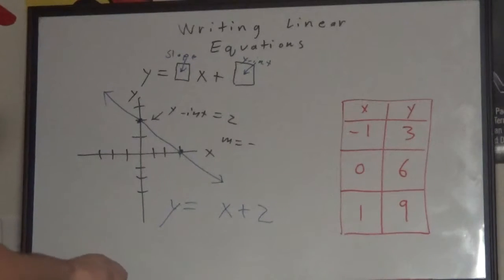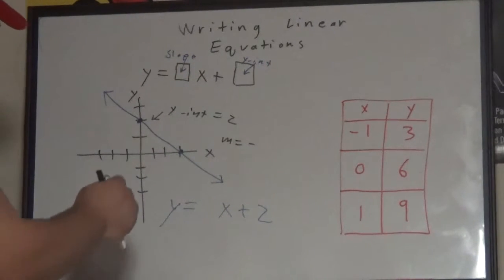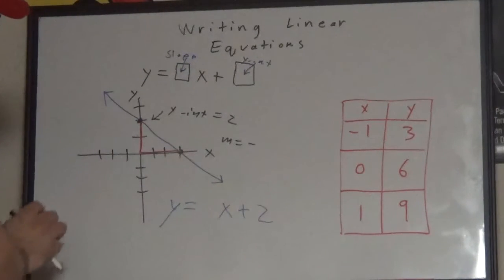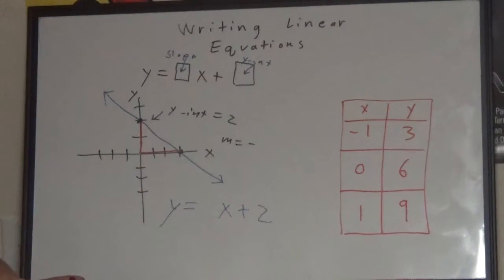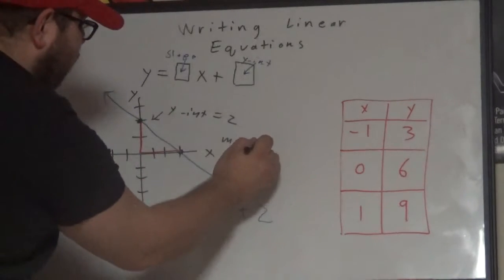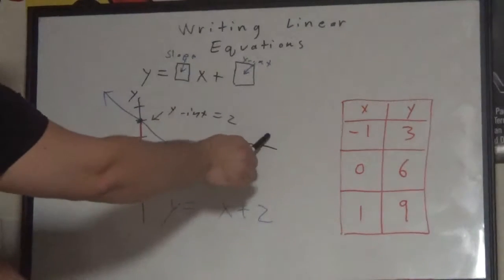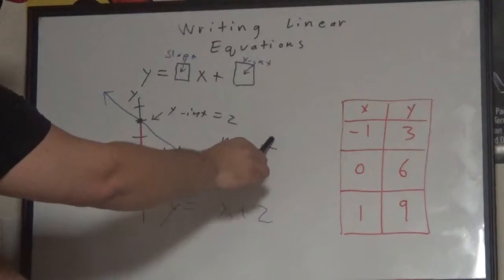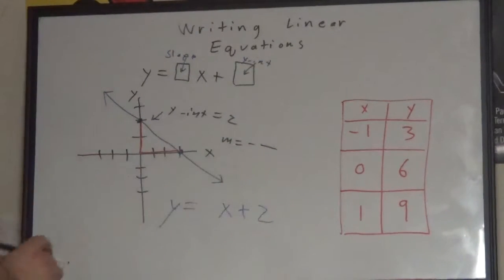And then I'm going to do my slope triangle. Remember that slope is represented by a fraction with the rise, which is your up and down, how far you move up and down, over run, which is how far you move left and right.